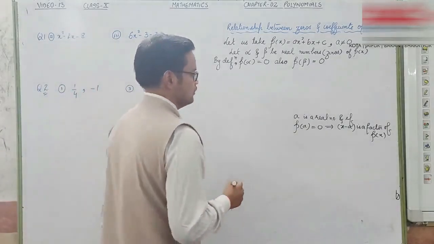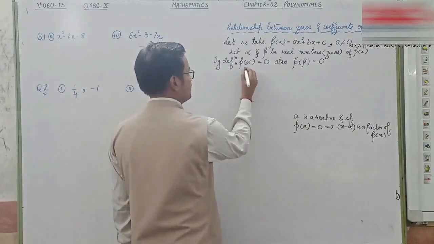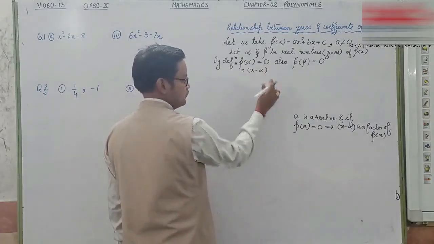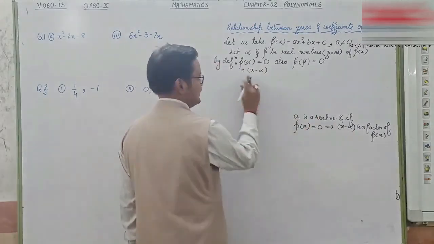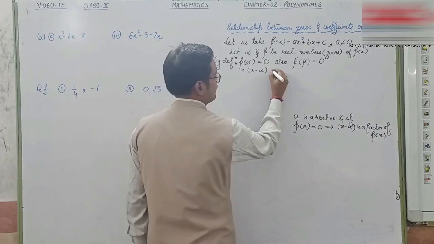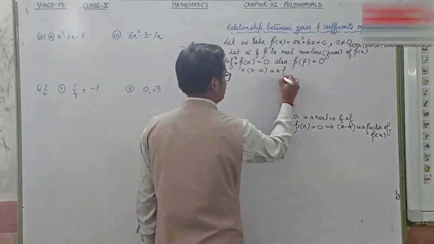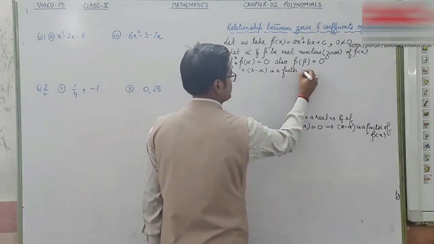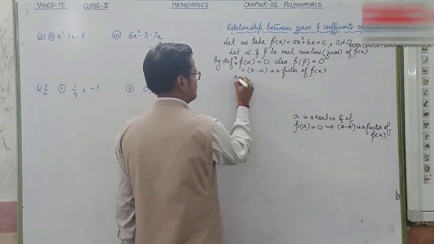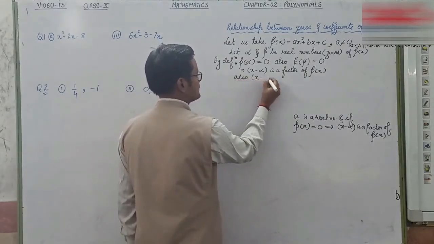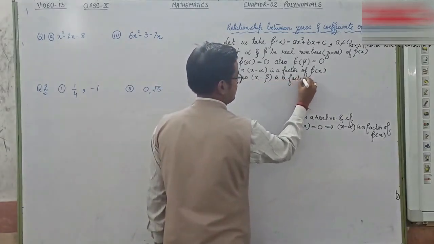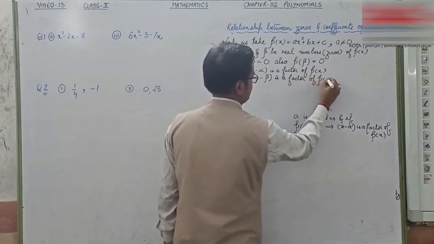So here also I can write x minus alpha, because P(alpha) is 0. In place of a, we write alpha: x minus alpha is a factor of your polynomial. Also, x minus beta is a factor of P(x).